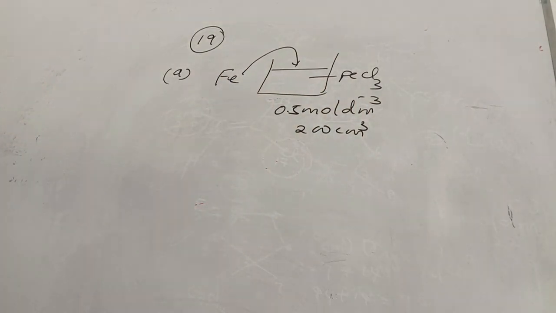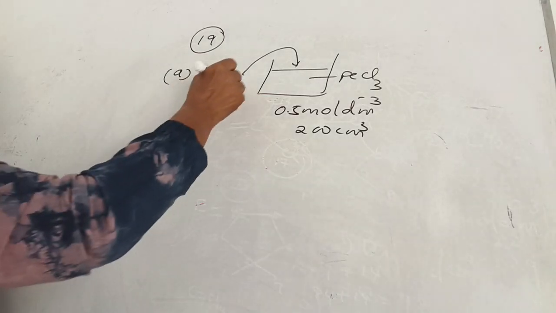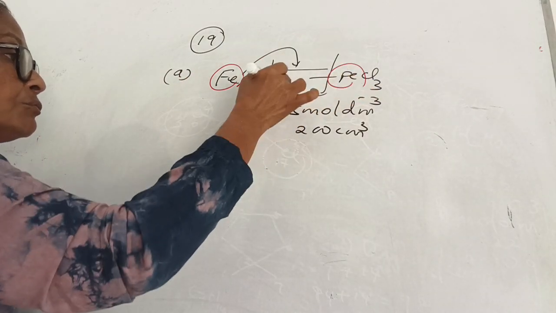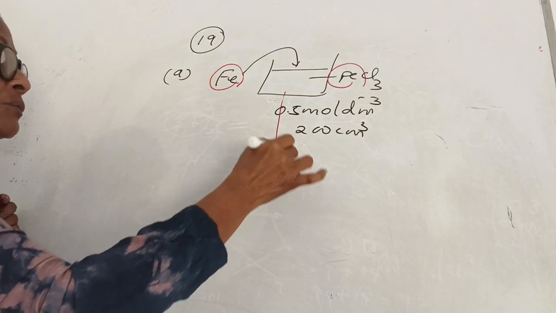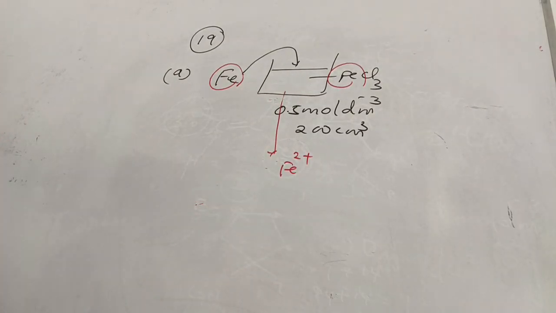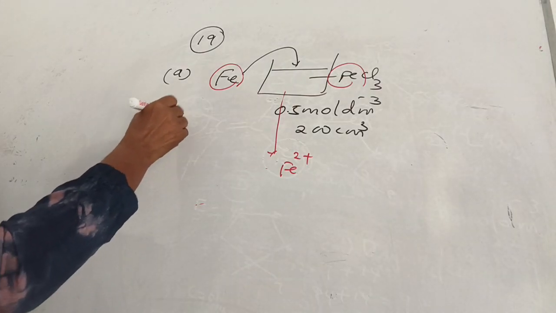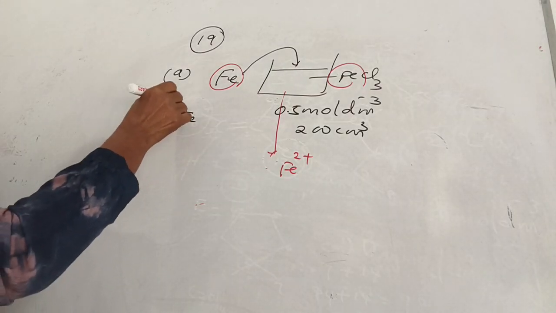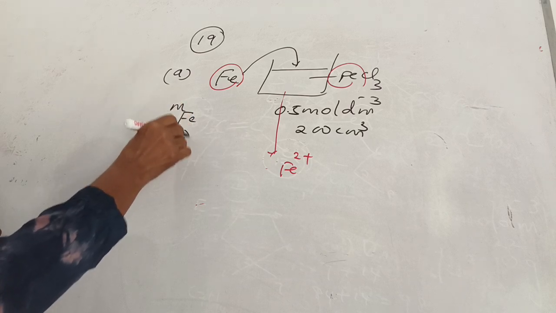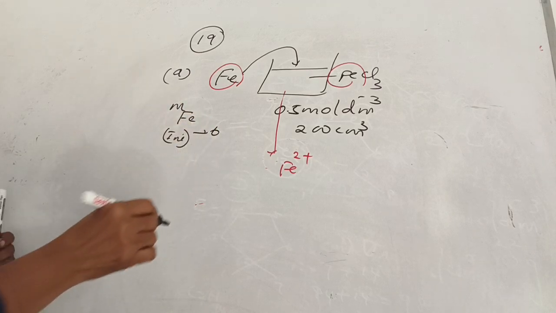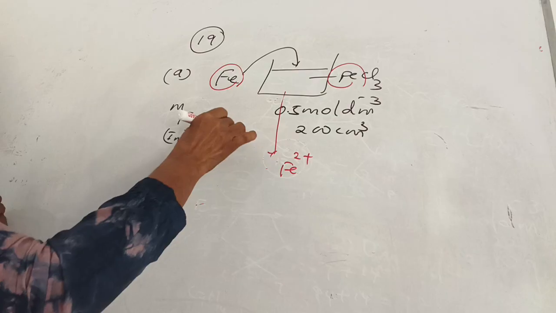The reaction is complete, and all the iron and iron trichloride end up as iron 2+ at the end. The initial mass of the iron powder used was 6.17 grams.